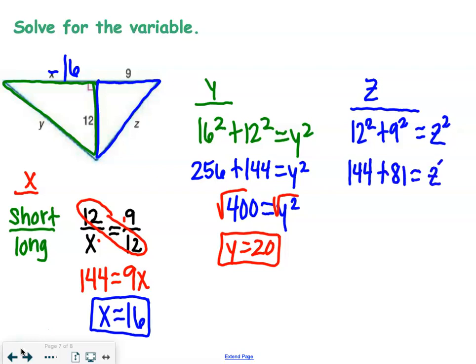If I add those two together, we get 225 equals Z squared. And then we take the square root. Square root of 225 is 15. So this one's pretty nice.